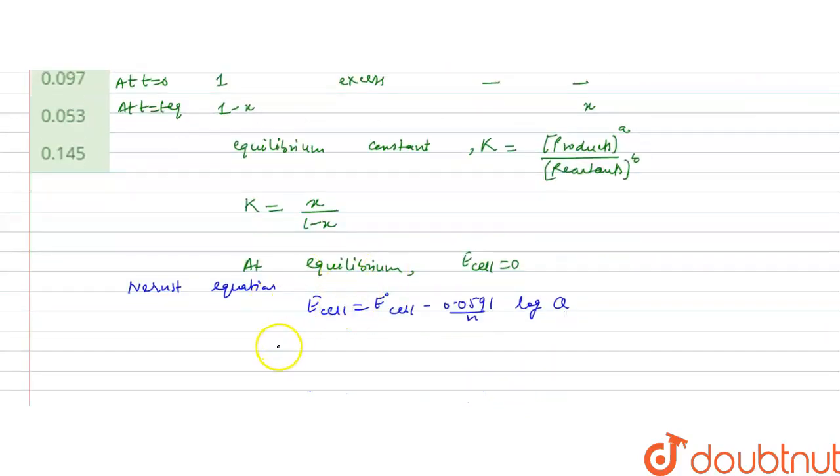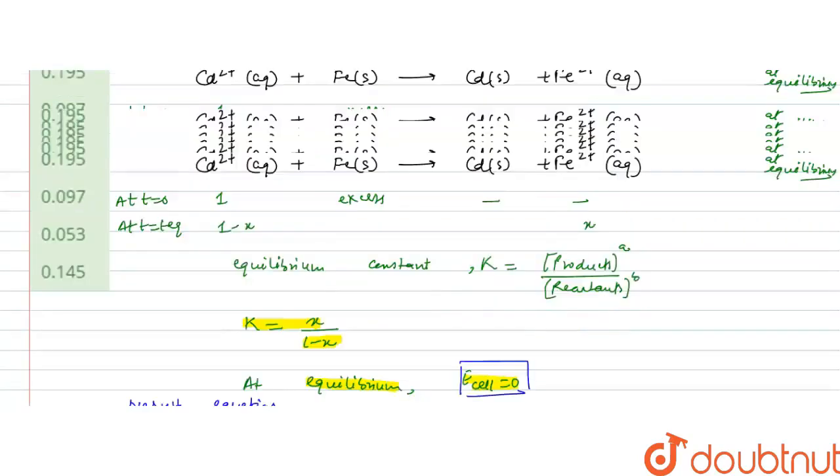Now E cell is 0 at equilibrium, and the K value is x upon 1 minus x. So E naught cell equals 0.0591 divided by n log K, as the negative signs cancel.